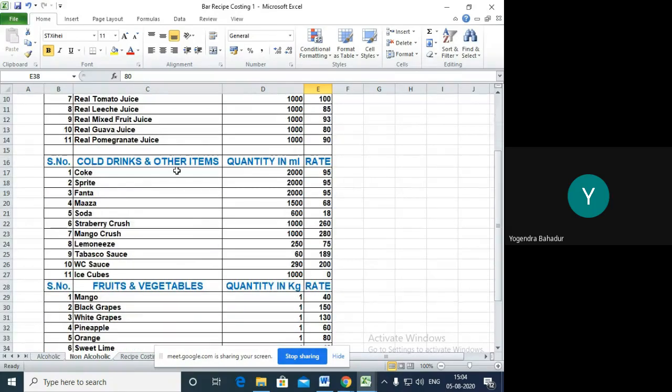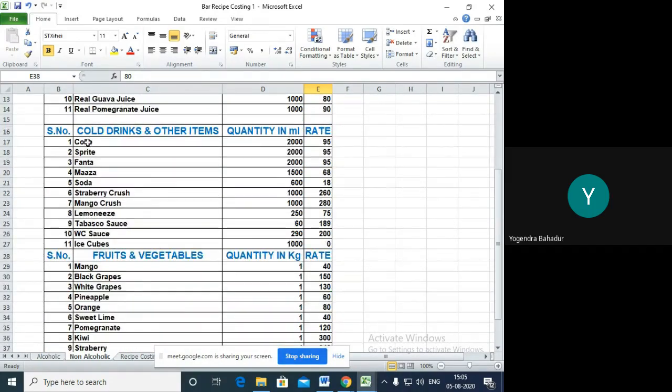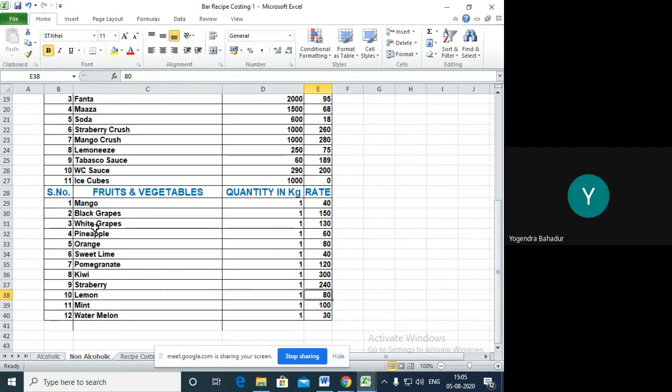Moving to the cold drink and other items section, we have Coke 2000 ml, meaning 2 liters approximately, equal to 95 rupees. Likewise, in this section itself, we have lemonade, Tabasco sauce, Worcestershire sauce and ice cubes. The last part of this section has fruits and vegetables.